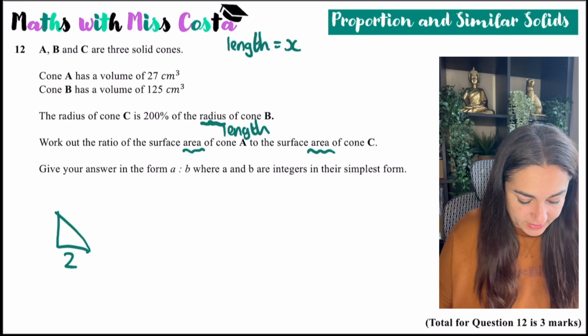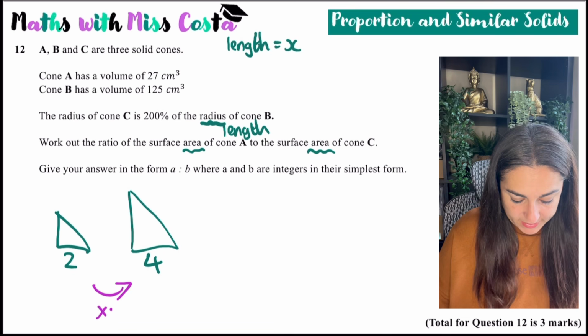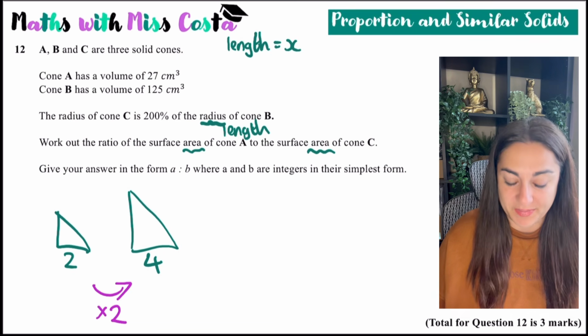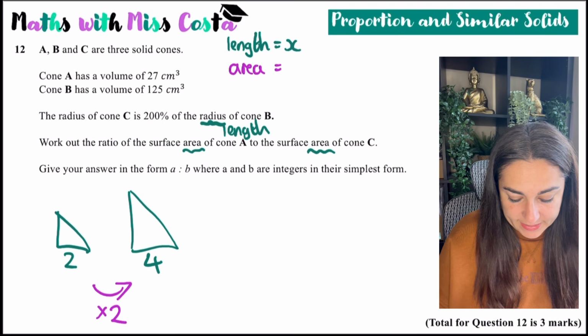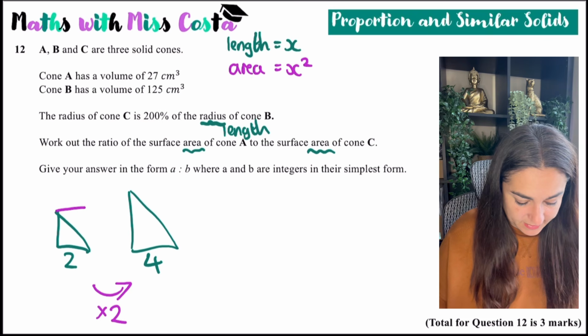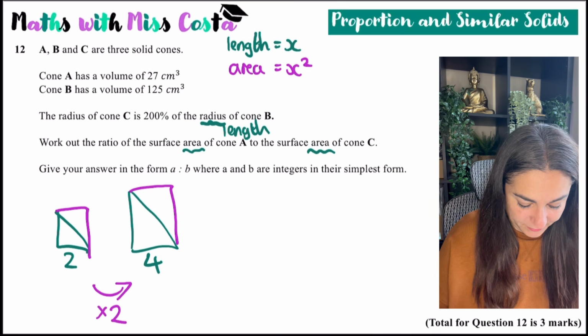Let's say this was a triangle with base of 2 and you're enlarging it. You're multiplying this by 2. That would be the length scale factor. So length would be x. The area scale factor would then be x squared, and maybe I should have turned this into a square just to make life easier.